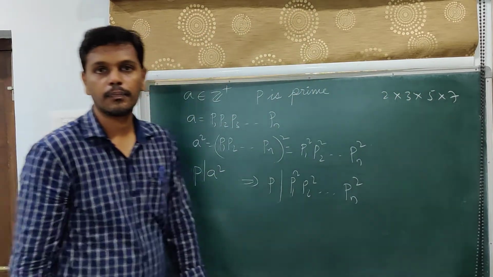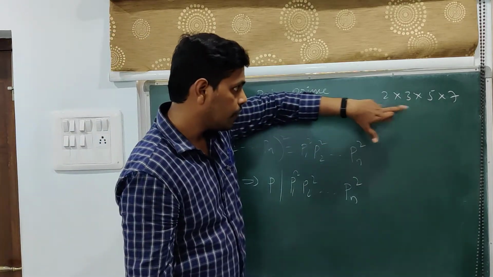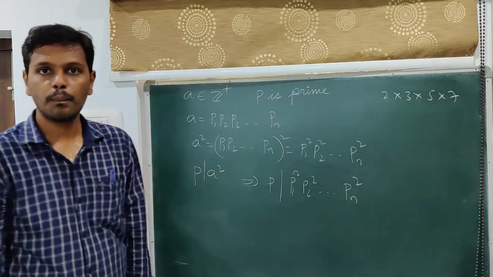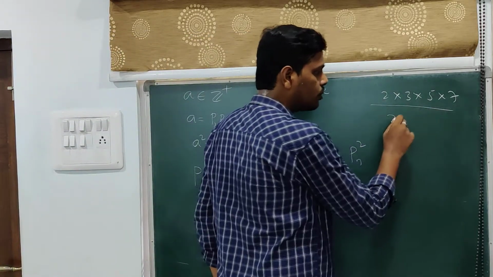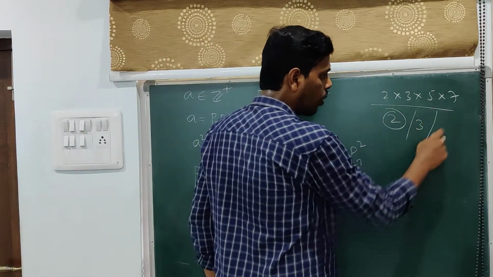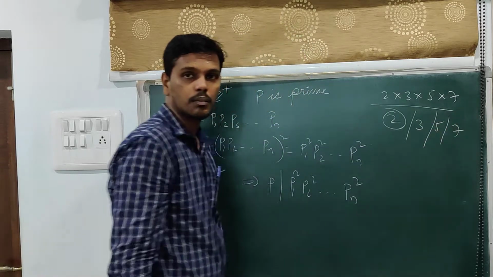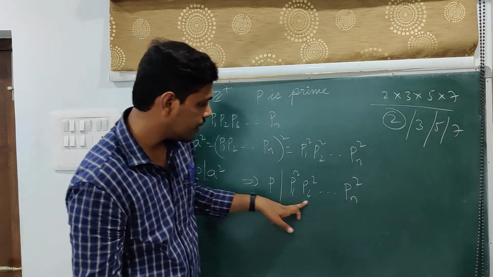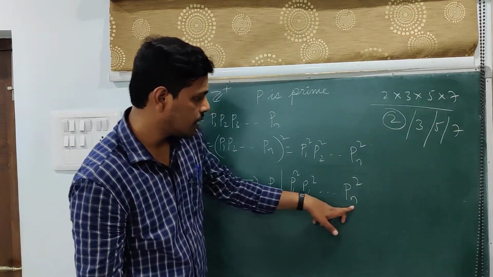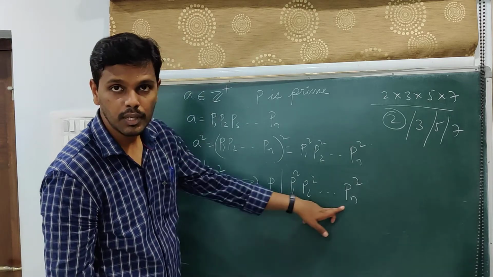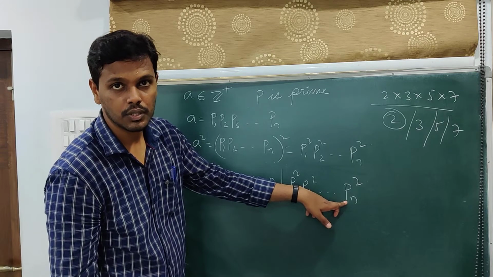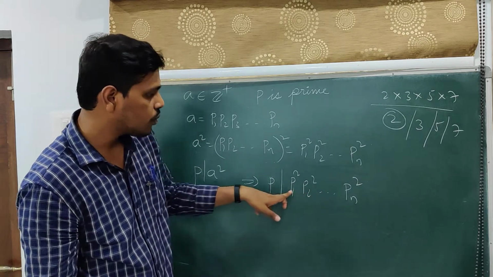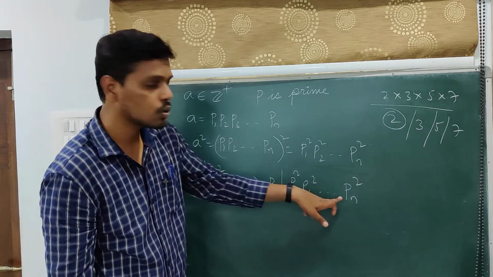Now this is the product. Now if this product is divisible by some prime number, then that prime number should be either 2 or 3 or 5 or 7. Similarly, when a prime number is dividing this entire product of prime numbers, this prime number should be one of these prime numbers, which means that P is one amongst P1, P2, and so on, Pn.